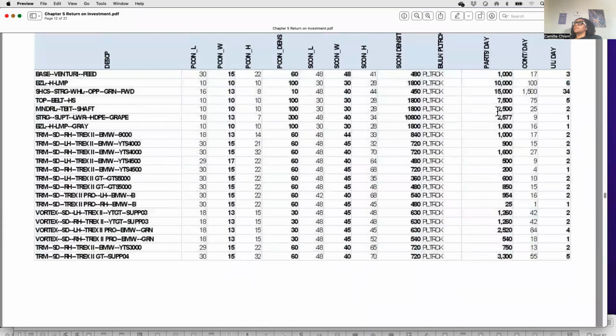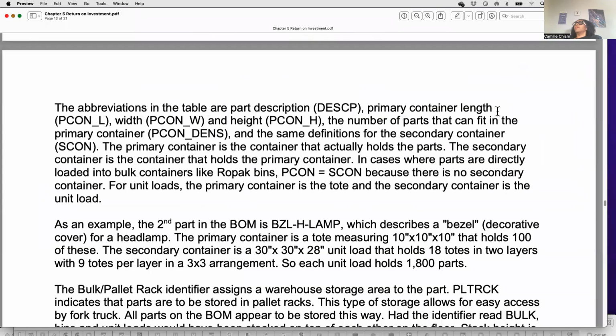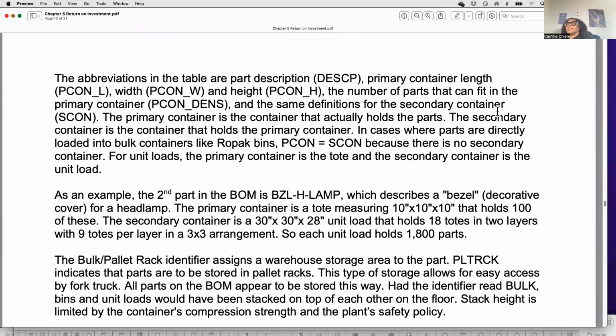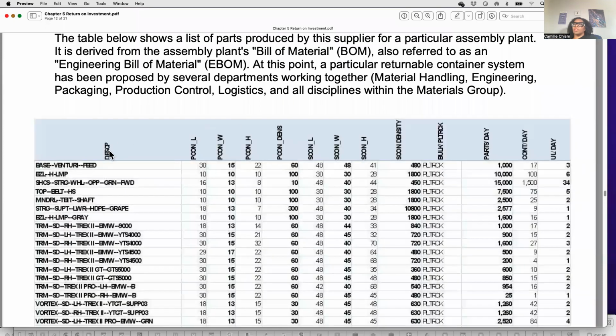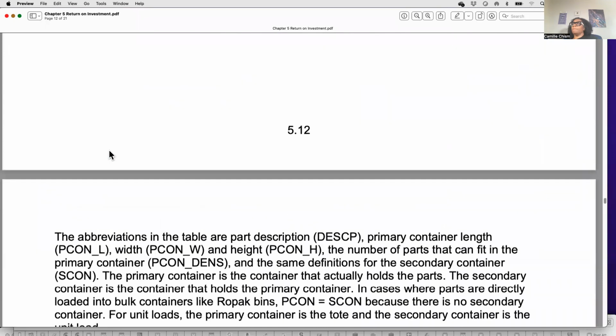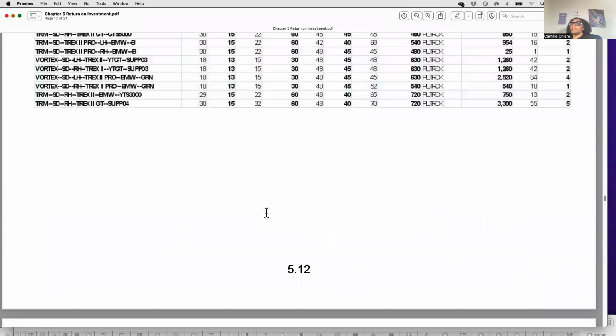Okay, so here are some abbreviations. We've got the description. Mostly when I've seen them, they start with description. Then there's length, width, and height. That's the number of parts to fit in the primary container, which is what I was thinking that was.